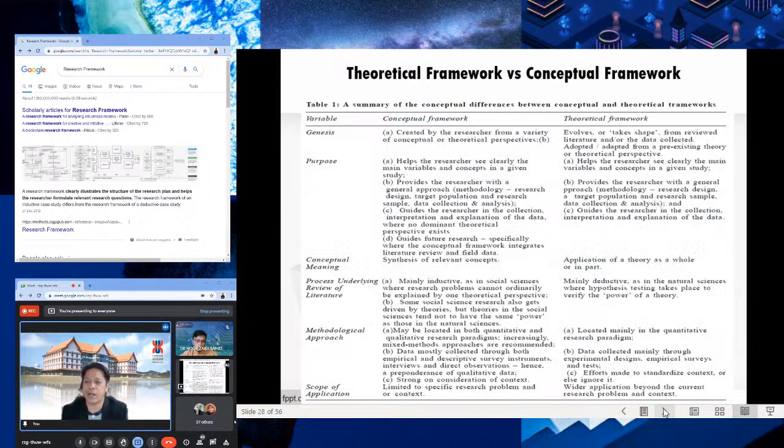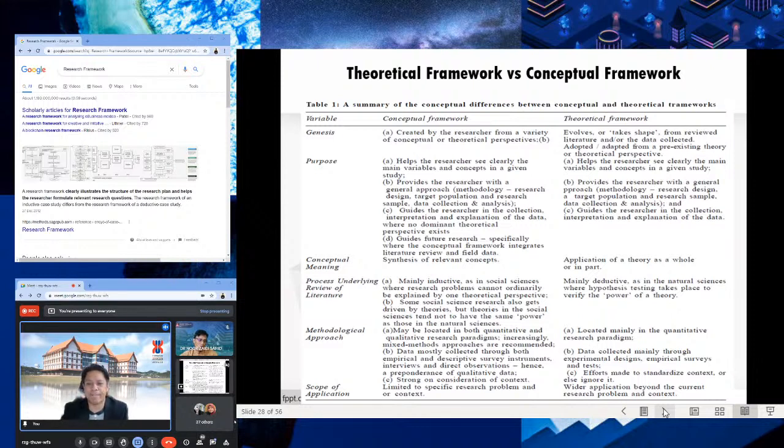So there are some differences. You can look into this later, but what I want to highlight here is the scope of application. In some research they only go up to the conceptual level, mostly in social sciences.